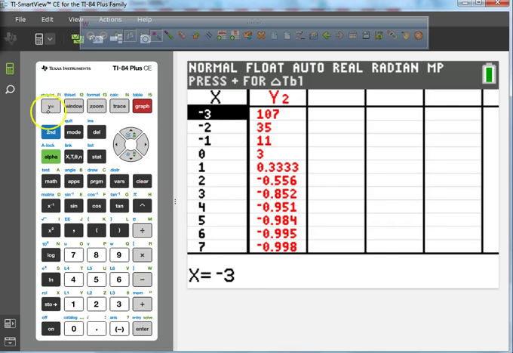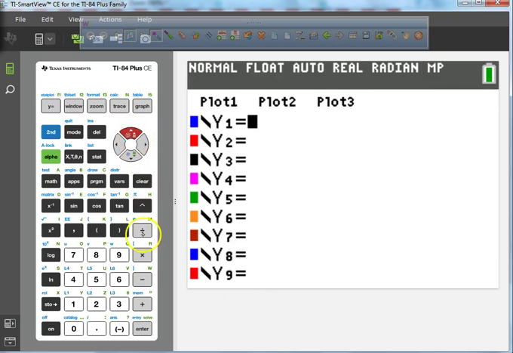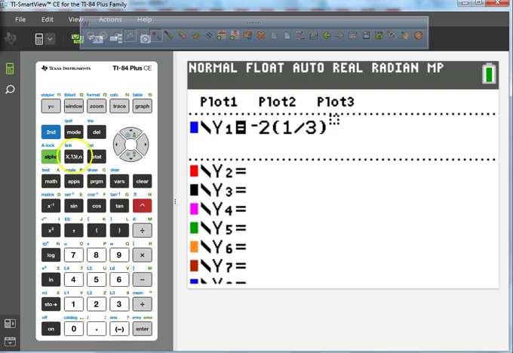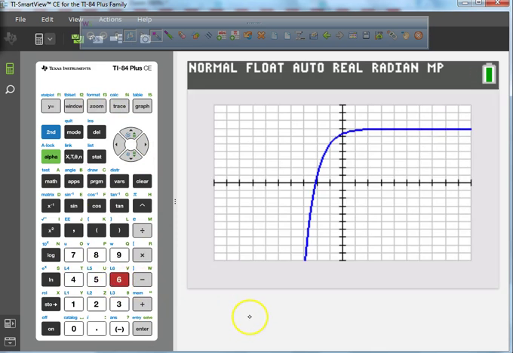All right, so I'm going to go y equals. I'm going to go down here and type it in. -2, open parentheses, 1 divided by 3, close parentheses, to the power of x plus 1. And then we have a plus 7, but this time I'm going to hit zoom number 6.